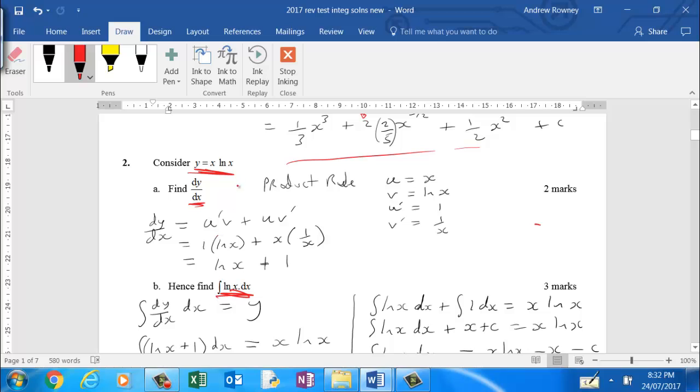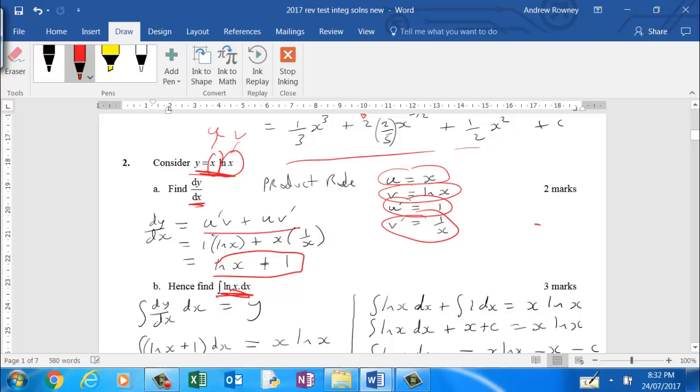So this is a product rule between this one and this one. That's u and that's v. So we let u equal x and v equal ln x, so we can get the derivative u dash and the derivative v dash and put it into the product rule, and so we get ln x plus 1. So that's find the derivative.